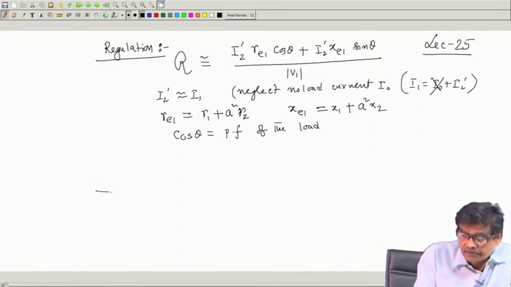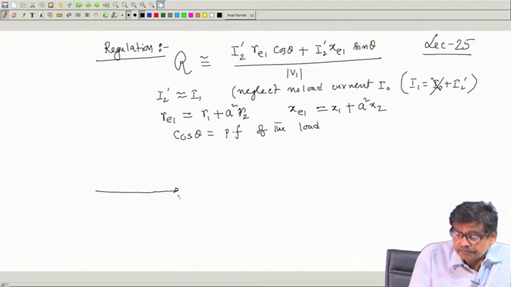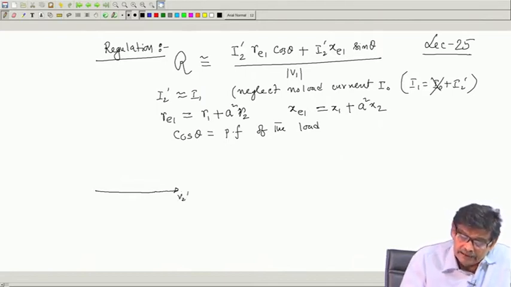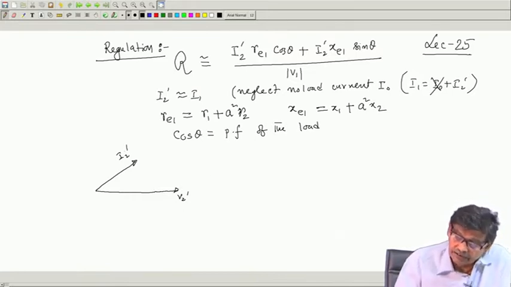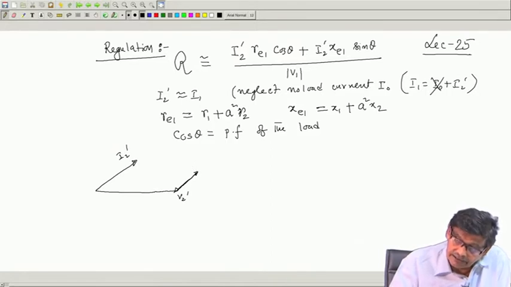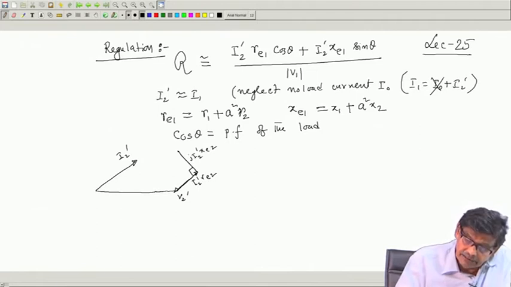I will draw V2 dashed, and suppose the load power factor is leading, with I2 dashed like this. Then V2 dashed plus I2 dashed Re1 will be like this, which is small. I am drawing on a larger scale, plus I2 dashed Re2 and j I2 dashed Xe2, and this would be your V1.